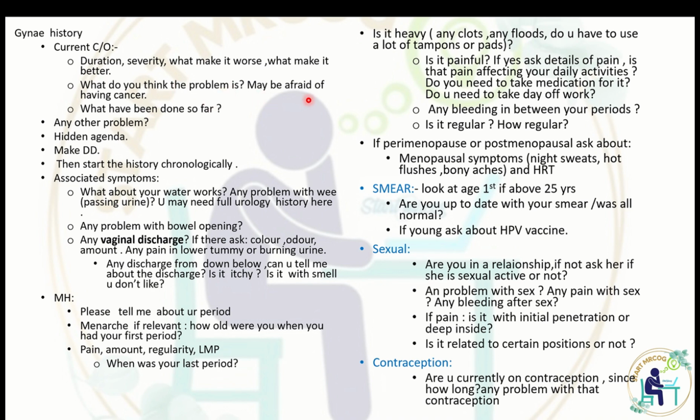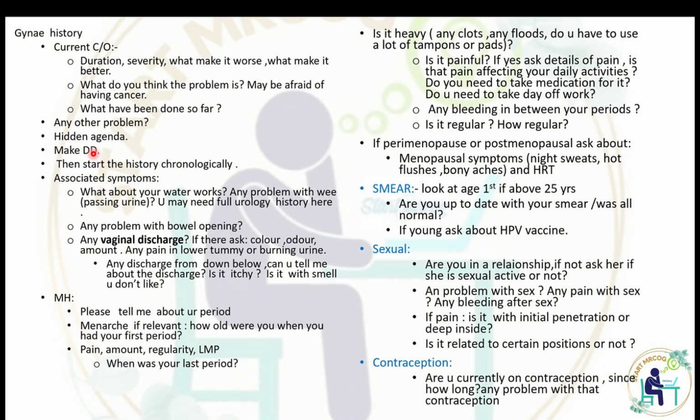She may be afraid it could be cancer or any other concern. And we can consider it also a hidden agenda, because sometimes a patient wants to discuss something else other than what is mentioned in the GP letter. And ask her what has been done so far, any problem, any other problem.